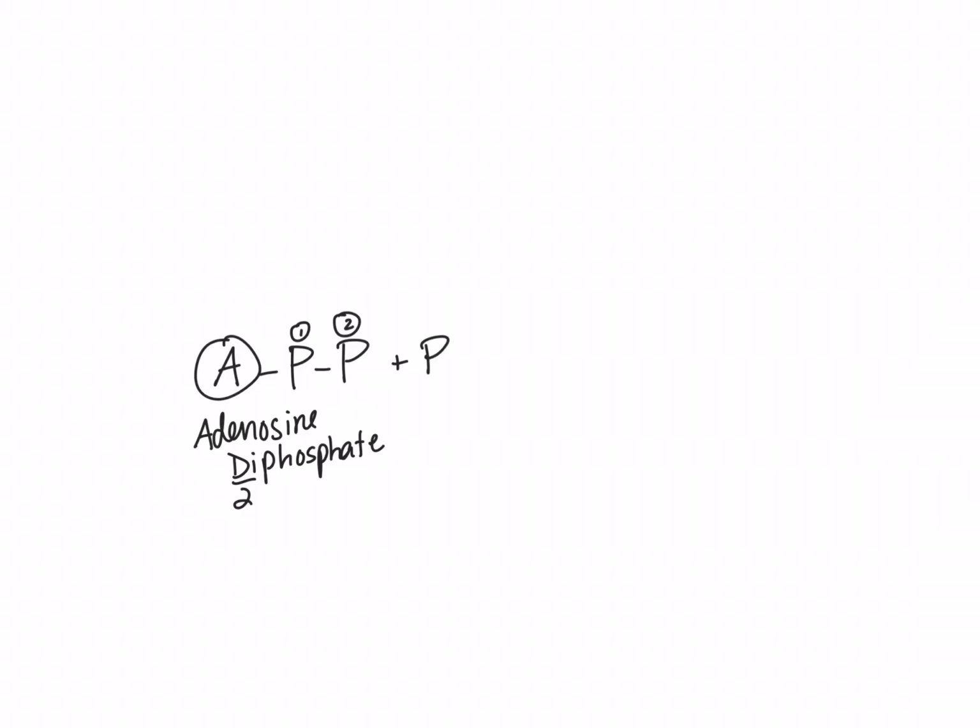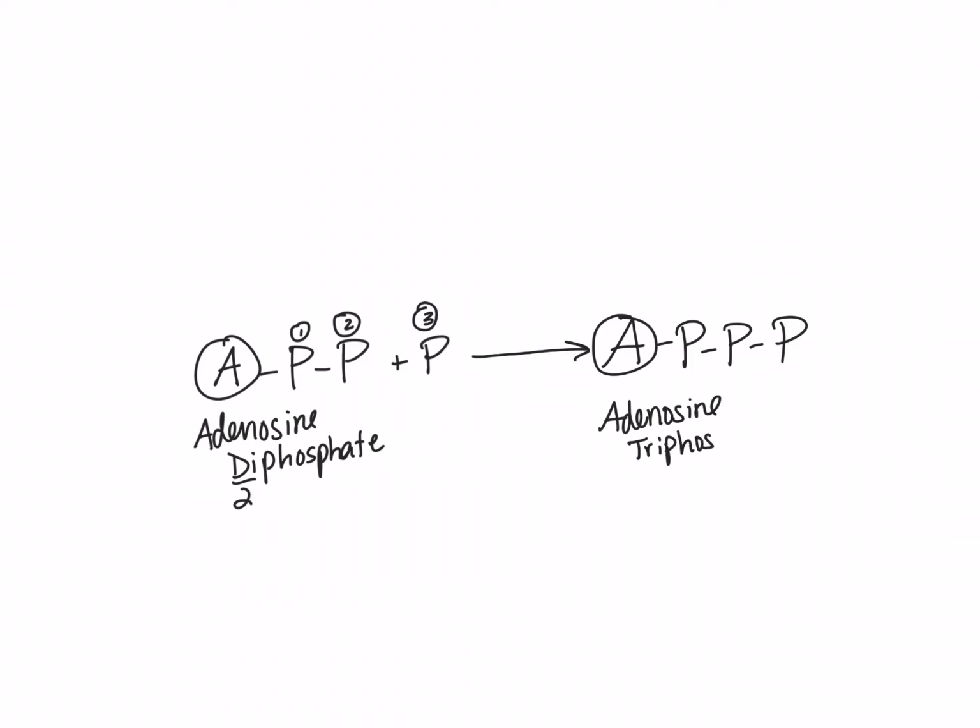And when the bond is formed between the second and third phosphates, we can form our ATP, which remember is our adenosine triphosphate, where tri means 3, and we've got 1, 2, 3 phosphates.